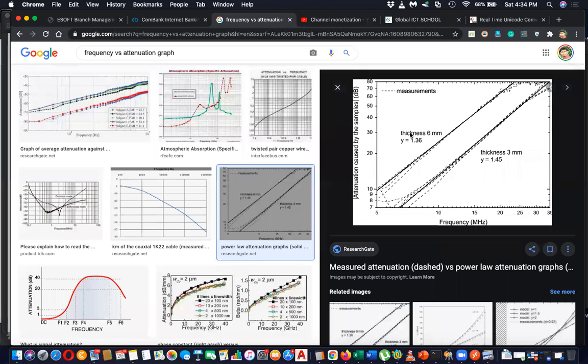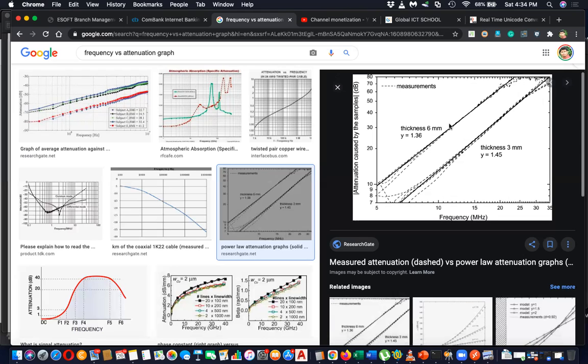See the graph, how it's changing. Here is attenuation, and here the frequency. You can see the higher the frequency, the higher the attenuation rate. It's kind of linear. There are small changes, but overall it's linear.